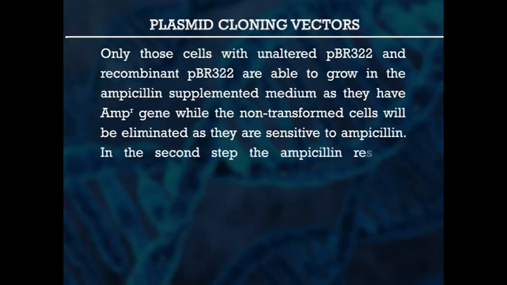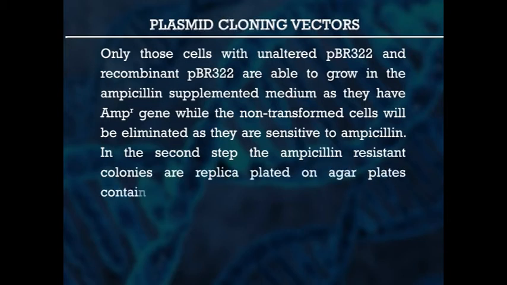In the second step, the ampicillin-resistant colonies are replica plated on agar plates containing tetracycline. The cells containing the intact pBR322 will be resistant to tetracycline as the tetracycline resistance gene is not disrupted, and form colonies, while cells with recombinant pBR322 will be killed as the DNA insert is integrated into the tetracycline resistance gene, making it non-functional.